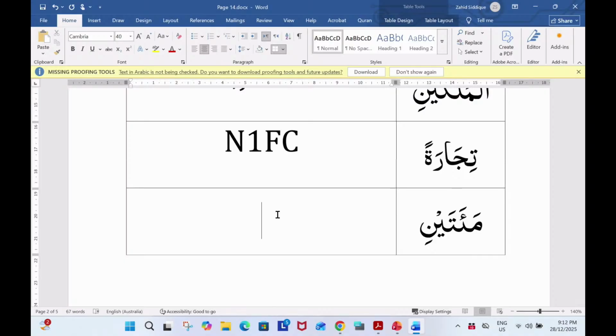So aini, muslimani, muslimaini. So this would give us nasab or jar, and with respect to the number it will be 2, and it is common, right?